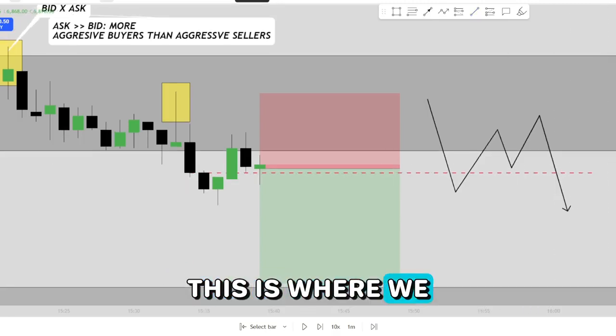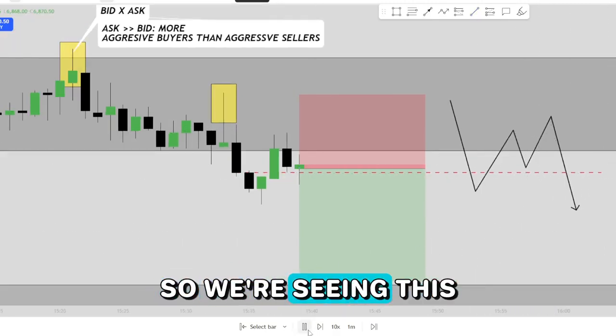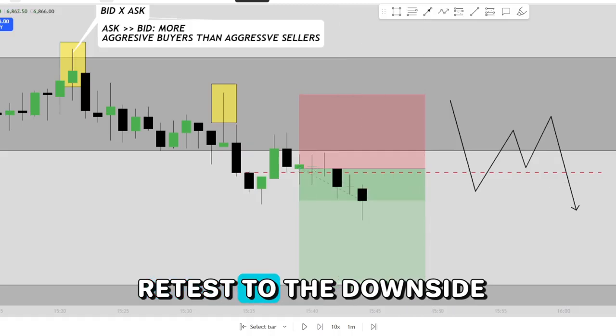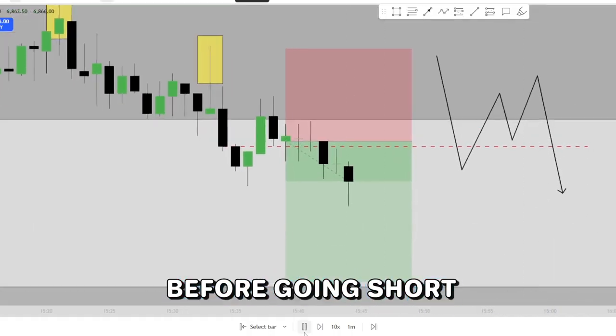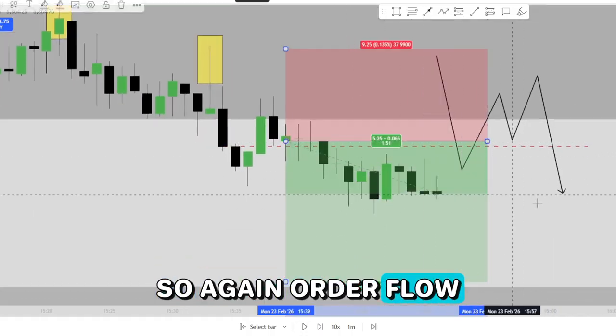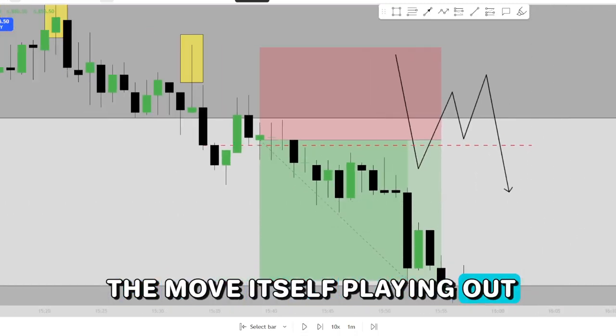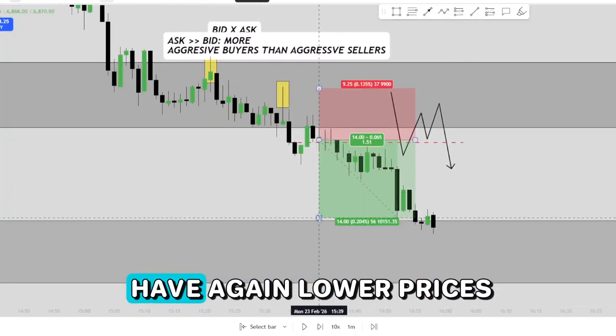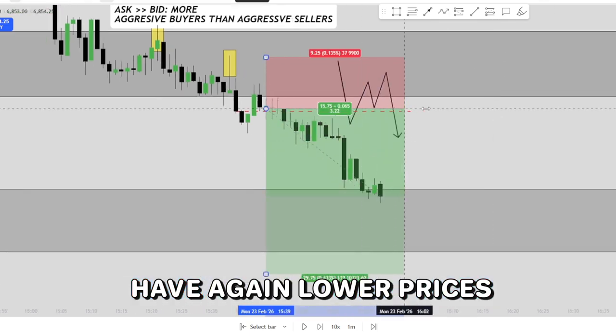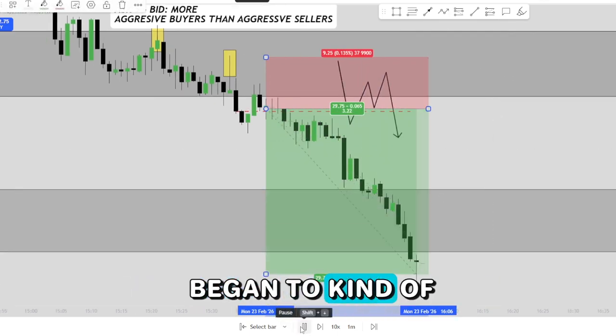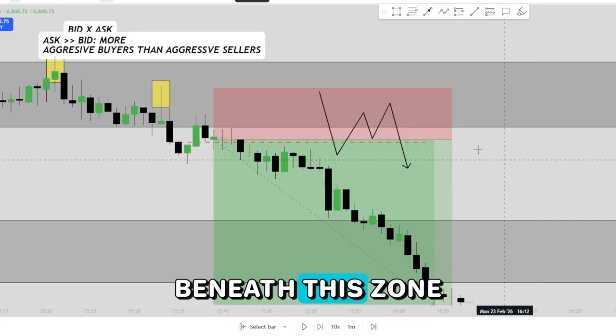This is where we want to be going short the most. So we're seeing this retest to the downside before going short. So again, order flow shows us very particularly that this is the move itself playing out. And so we did have, again, lower prices, as we began to melt beneath this zone.